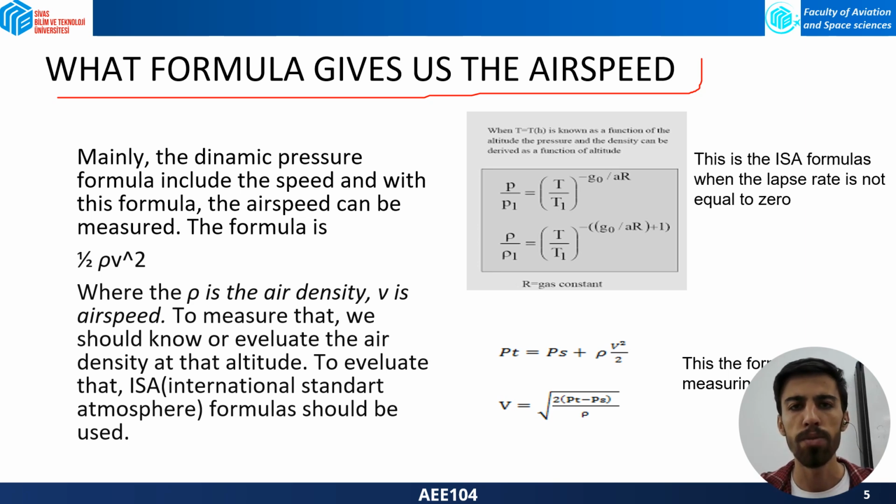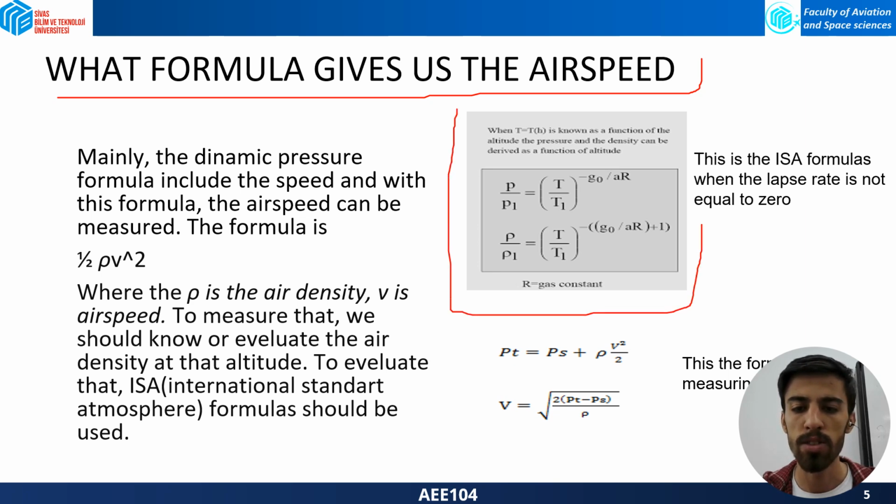If you use the international standard atmosphere, you can find the static pressure. For example, if you are flying about 11 kilometers above sea level, you should use the international standard atmosphere to find the static pressure at this altitude. It's very important for that. This is the international standard atmosphere when the lapse rate is not equal to 0.